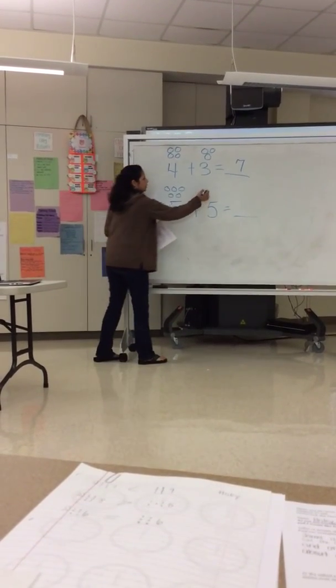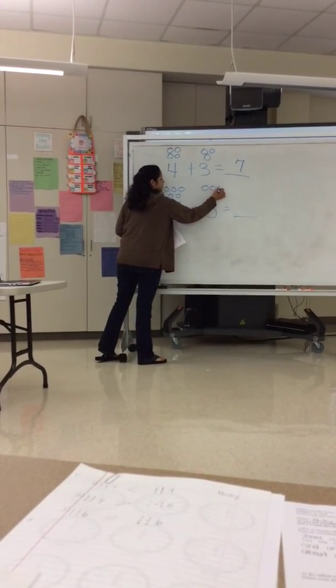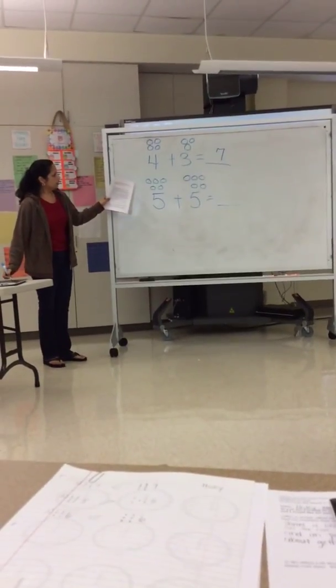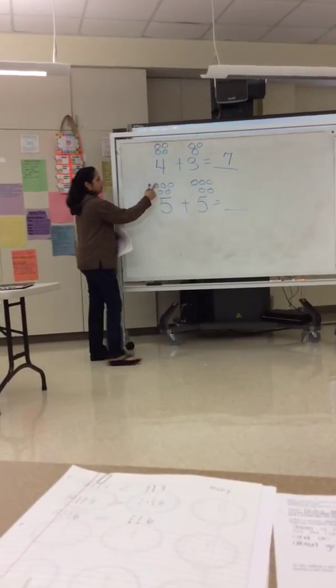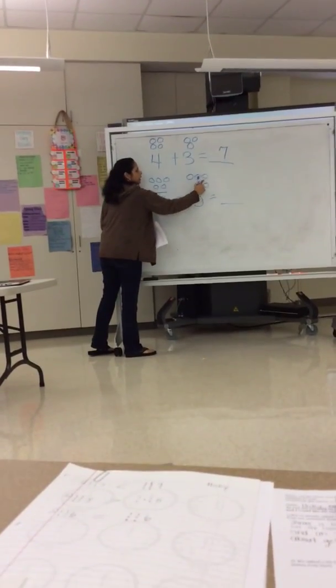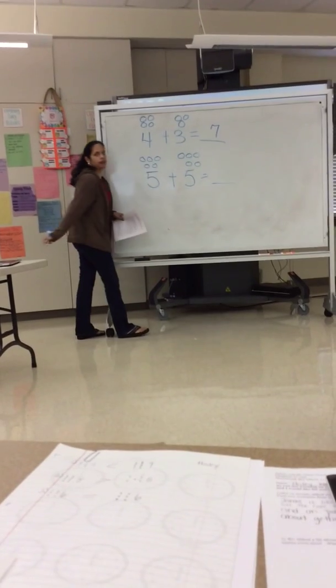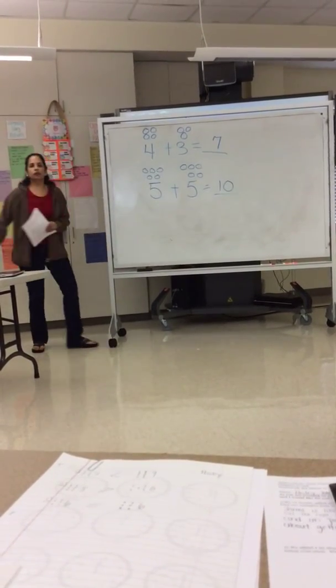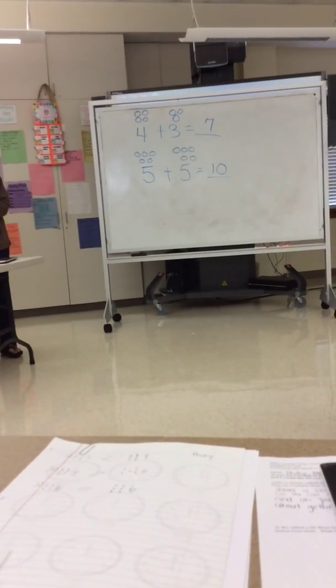How many circles are we going to draw on the second number? 5. Okay. And now we need to add them up, so we're going to count. Ready? 1, 2, 3, 4, 5, 6, 7, 8, 9, 10. What numeral do we write there? 10. Write it down. And hold up your whiteboard so I can see.